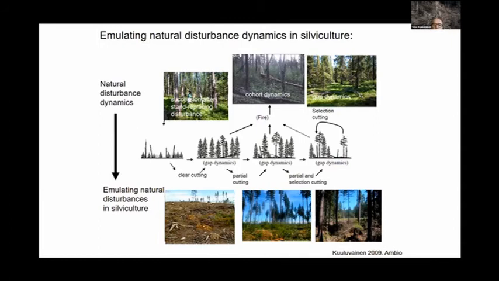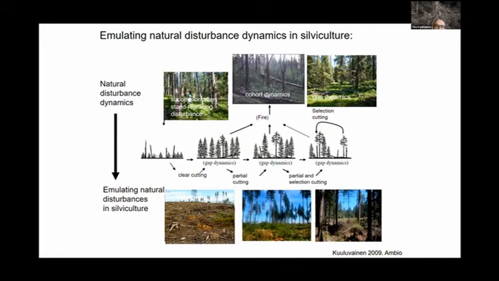So finally, here we can get maybe a more visual idea of how the natural disturbance could be emulated based on this multi-cohort approach. So we have here up the three dynamic classes, and then down here we have the silvicultural tools that we can use to emulate those dynamics.